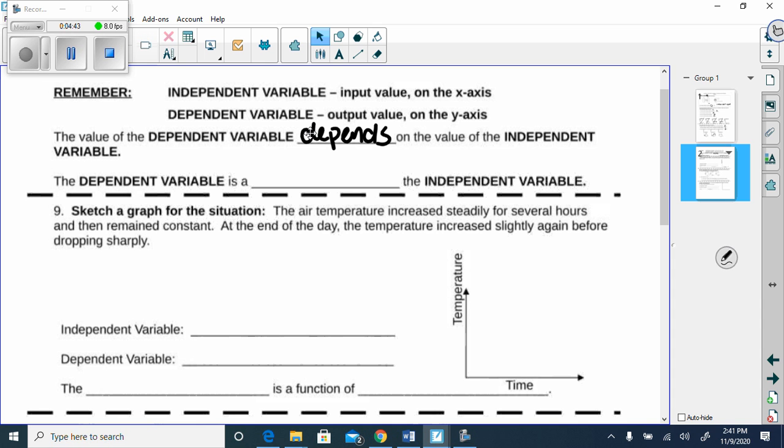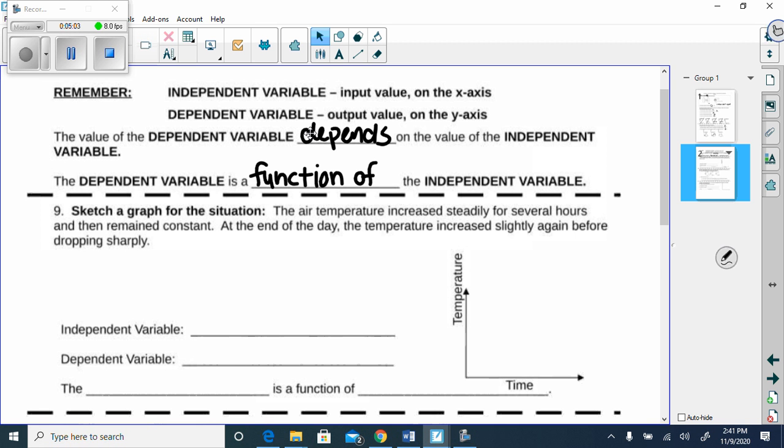Makes sense, right? Whatever is dependent, we got to know the independent first. Therefore, the dependent variable is a function of the independent variable.